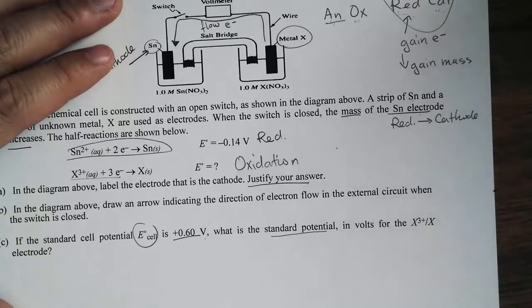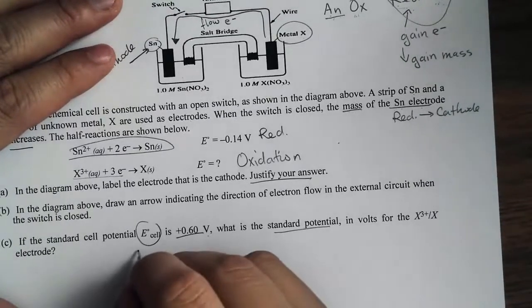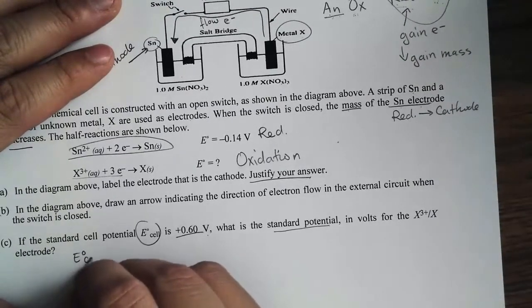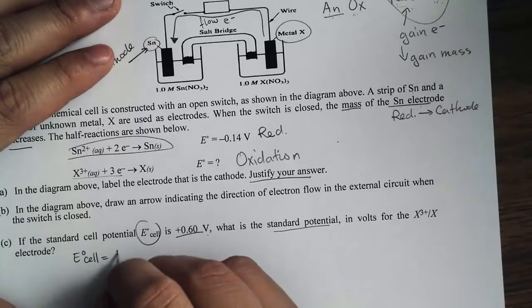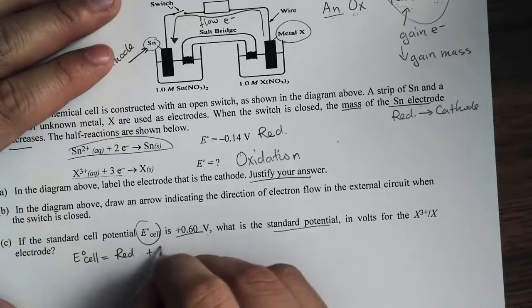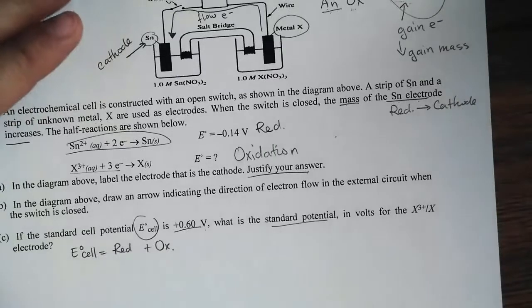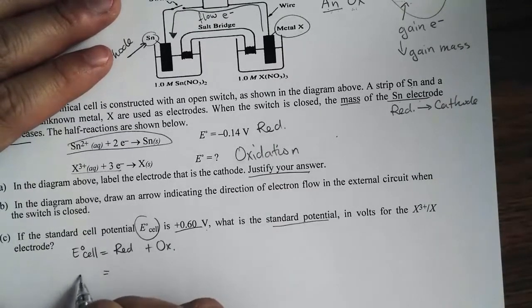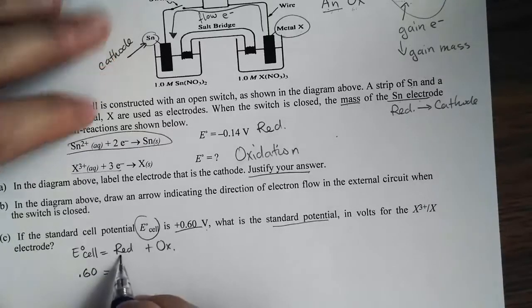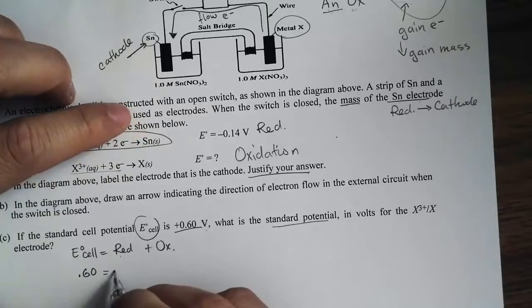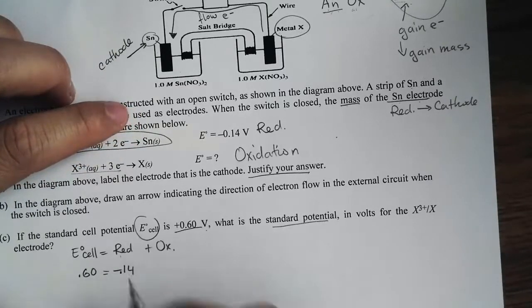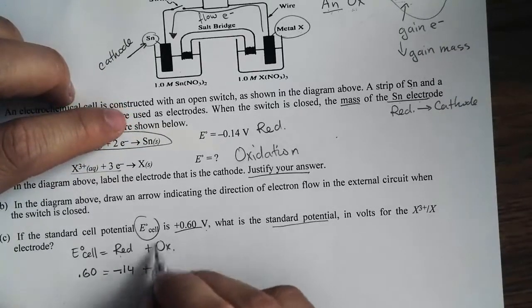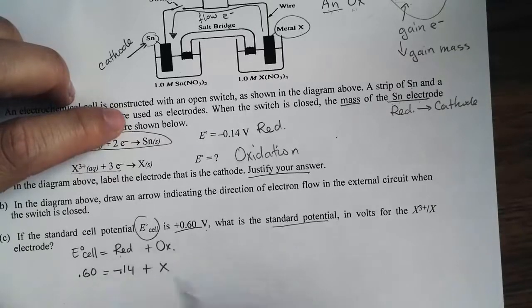So we don't know what that is specifically, but we know that E cell is equal to reduction plus oxidation. We know the E cell is equal to 0.60, okay? And we also know the reduction is Sn, which is negative 0.14, plus oxidation, which in this case is going to be X, because we don't know. Can we solve for X?